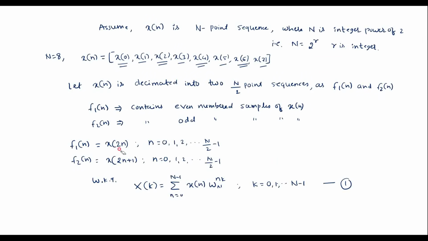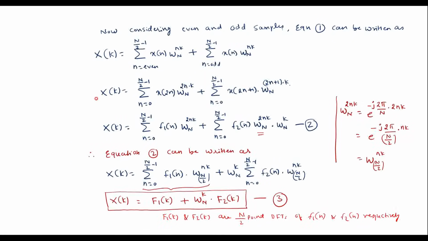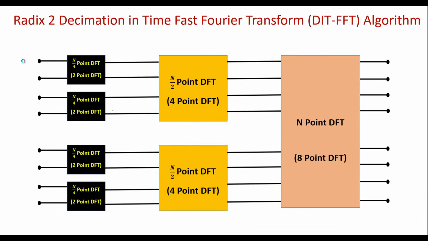As I said, the x of n sequence is divided into even sequences, x of 0, x of 2, x of 4 and x of 6. Similarly, here we have odd sequences, x of 1, x of 3, x of 5 and x of 7. So this is the 8-point DFT, that is first stage decimation.